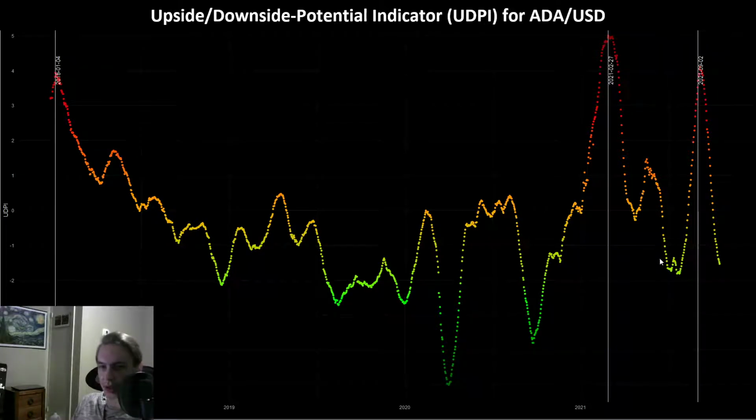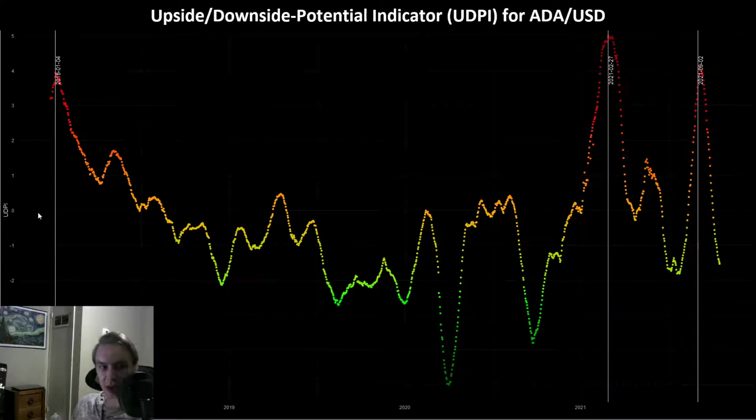But then the UDPI comes back down, says you should be acquiring ADA during those summer months, and then it shoots back up again here over 4 to this move up to $3 we had. And then sure enough, we've had this correction and consolidation ever since, back down here into these zones where the UDPI is actually suggesting it's a reasonable time to be buying ADA at this point.